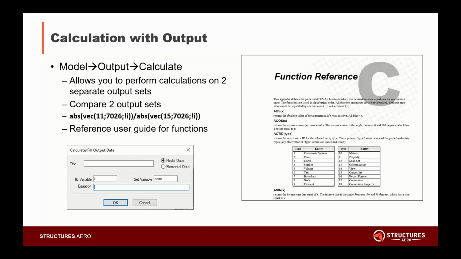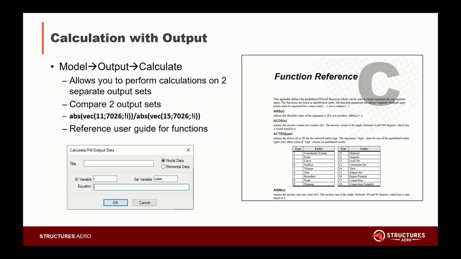A lot of times it's pretty customary to export data to the data table and then read it into Excel, and then you can kind of just do your math based on that. But you can actually do math directly to output vectors within Femap. And what we have here on the right is what's called the function reference.